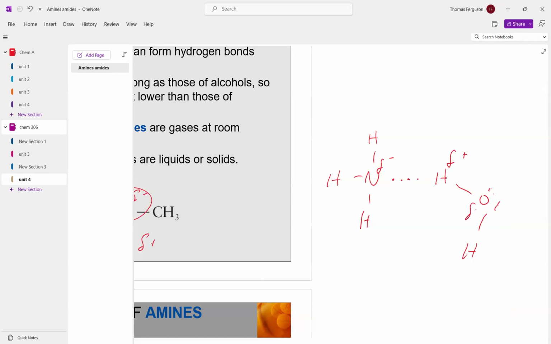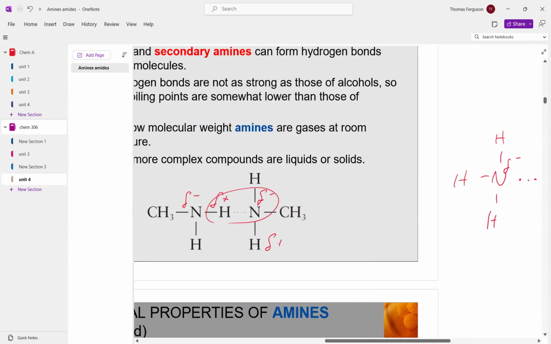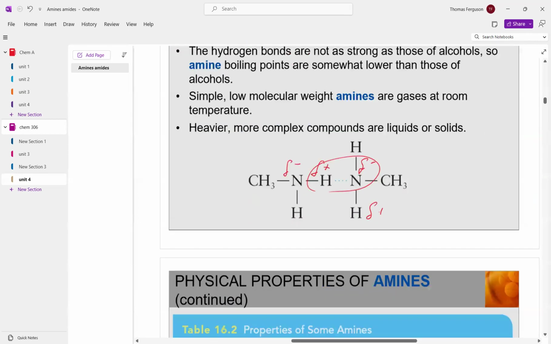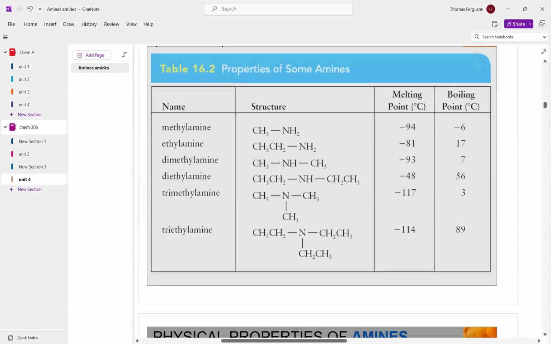Also, amines dissolve in water as well, for the same reason, hydrogen bonding. Okay, so if you look at the melting points, the bigger the molecule, the higher the melting point.